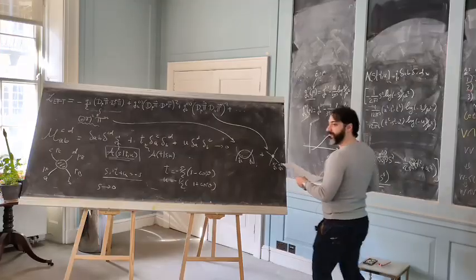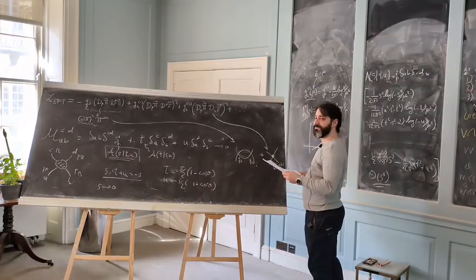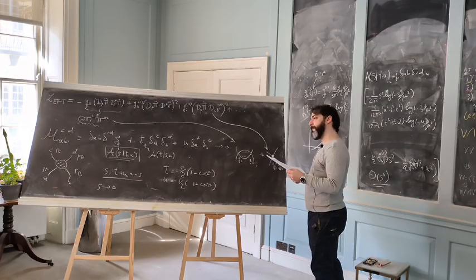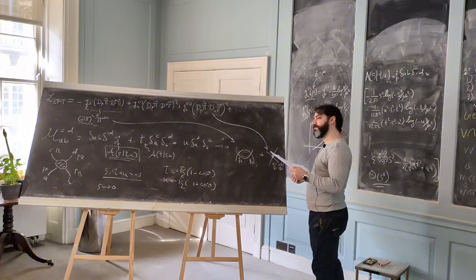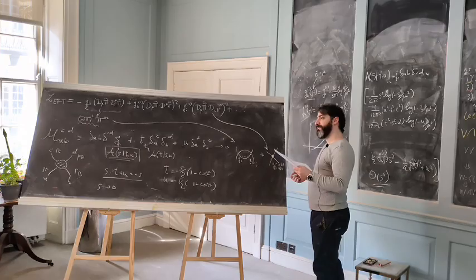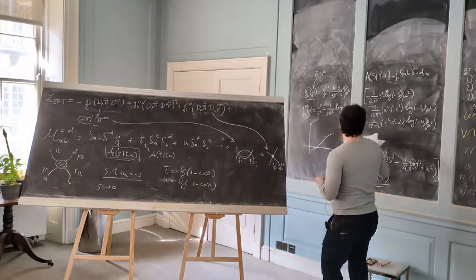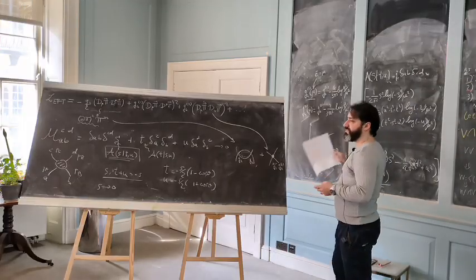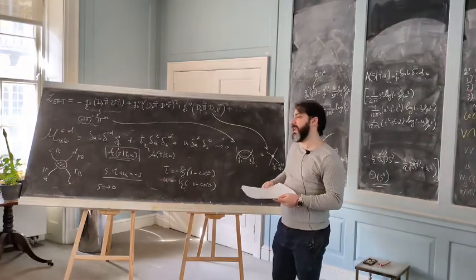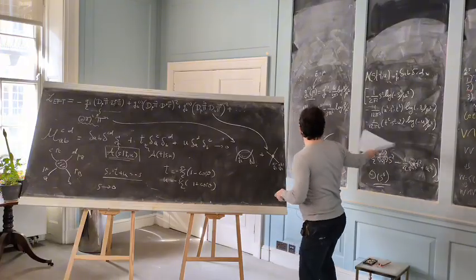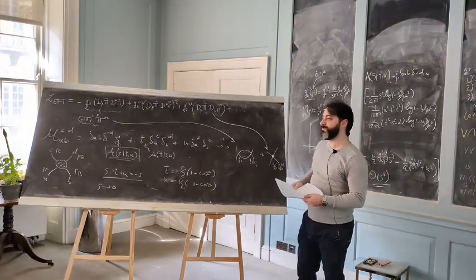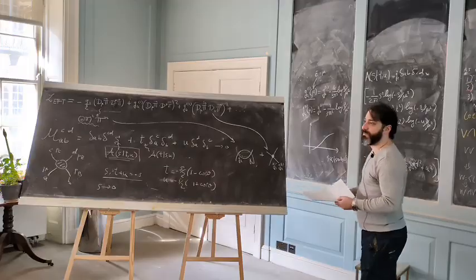Now, regulating, you try to get rid of some factor. This lambda is really a physical cutoff, right? I don't care about what happens above the scale lambda. I just absorb it into the definition of these couplings.